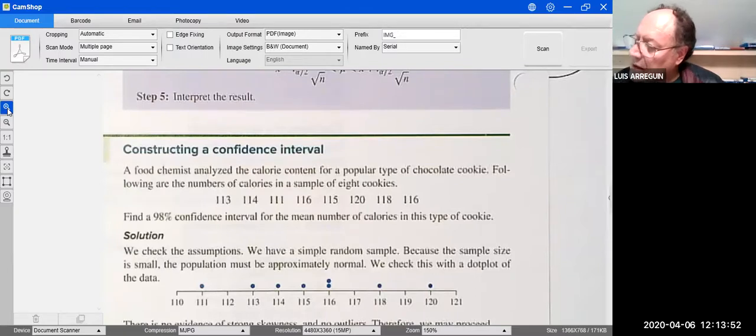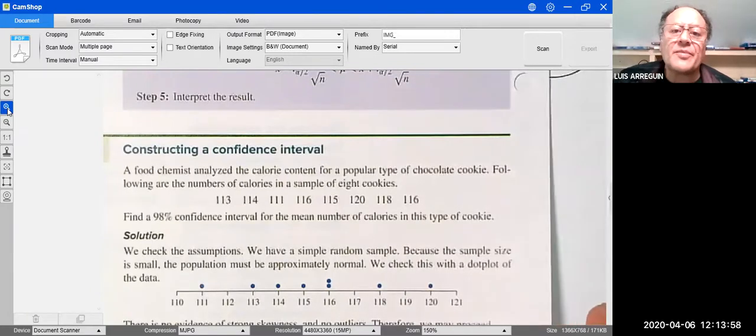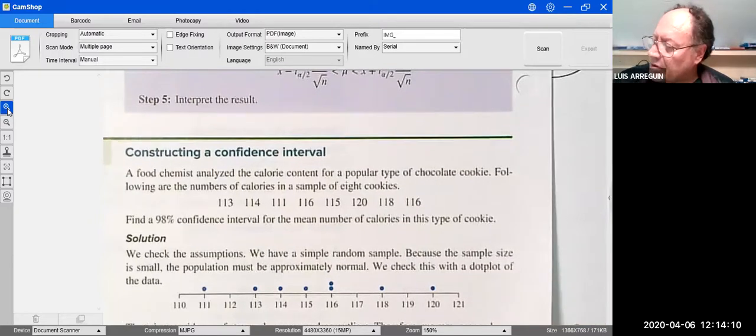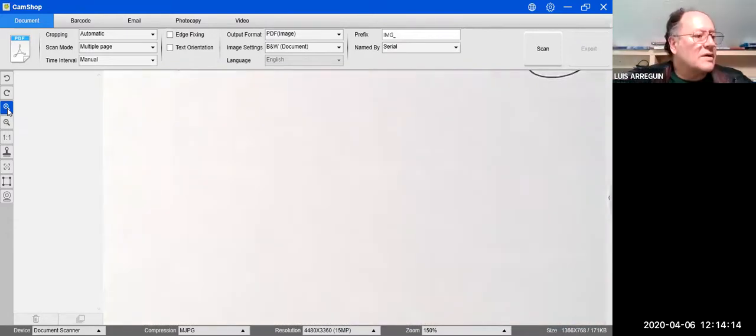So we have a simple random sample, but we need to check whether this sample shows normally distributed behavior. To do that, your book suggests to do a plot. So we're going to do our own plot by using the techniques that we have learned so far.